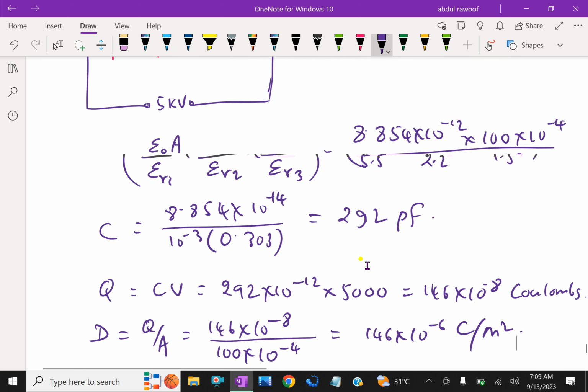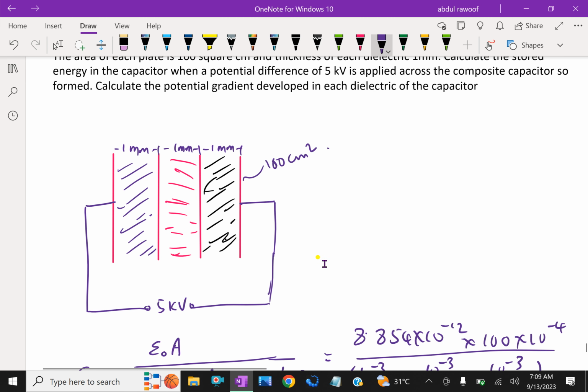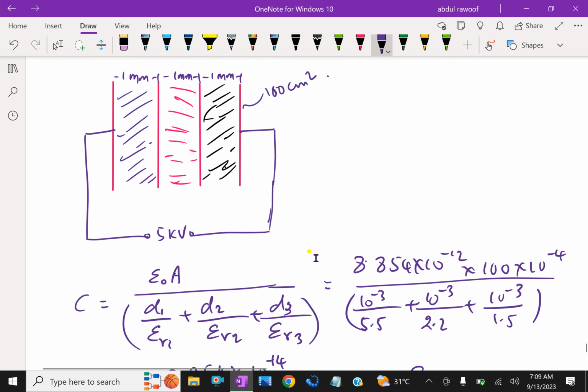Now we have to calculate the potential gradient developed in each dielectric.